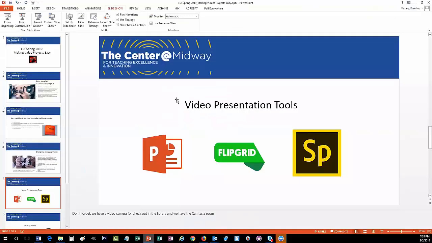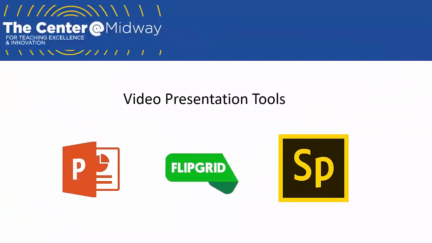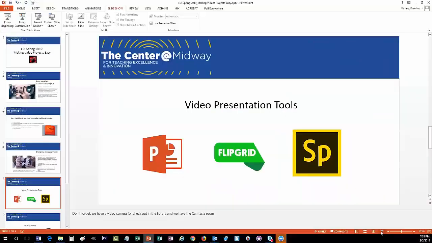For the PowerPoint, when you use the slideshow, record slideshow, when you are finished, I've gone through all of my slides, and then I click escape to go back out of presentation mode, then it comes up and says that it has a recording to save, and where would you like to save it.